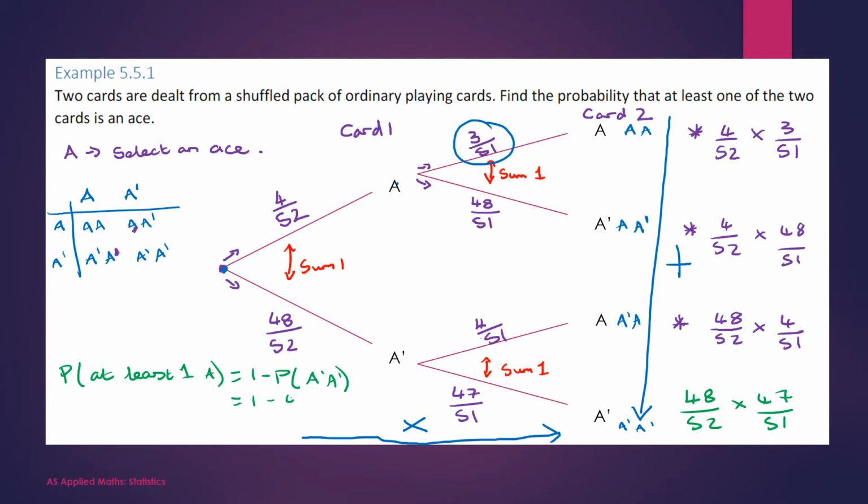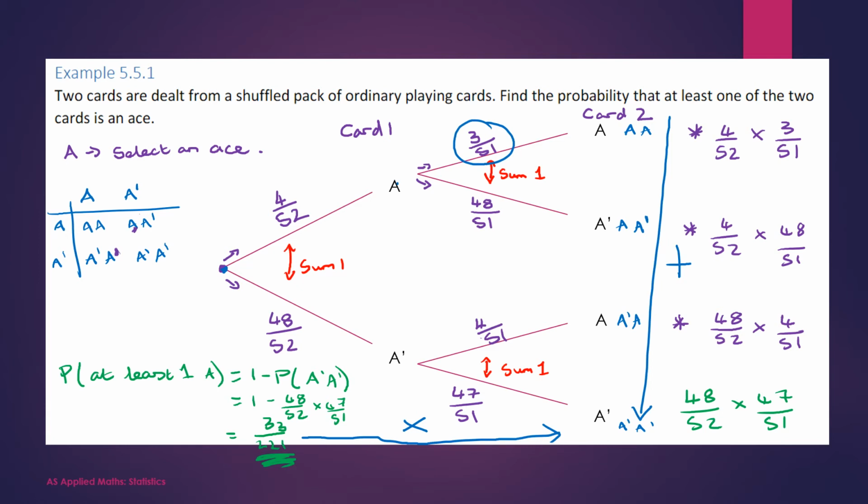So we can take off that multiplication there, which is equal to 33 over 221. So that's my answer there.